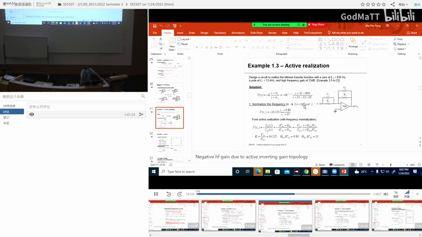Then you can calculate the transfer function in the normalized domain using Y1, Y2. This will give you the capacitor values C1n, C2n, and 1 over R1 we call G1 normalized. Because we know the K factor is 14.21, we can work out all these things.